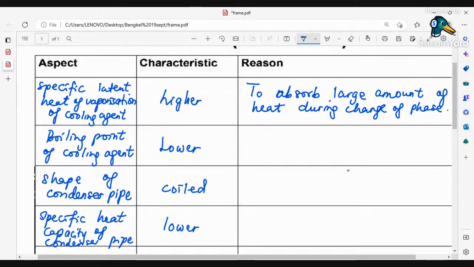Boiling point of cooling agent must be low so that it can easily change to gas when it absorbs heat.